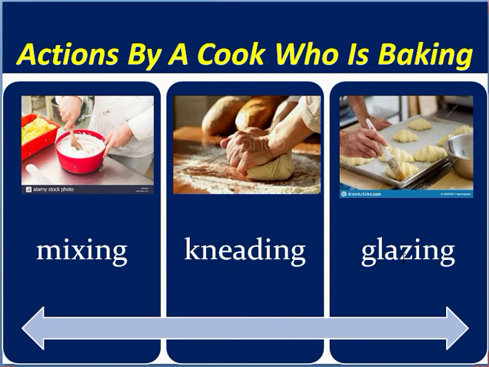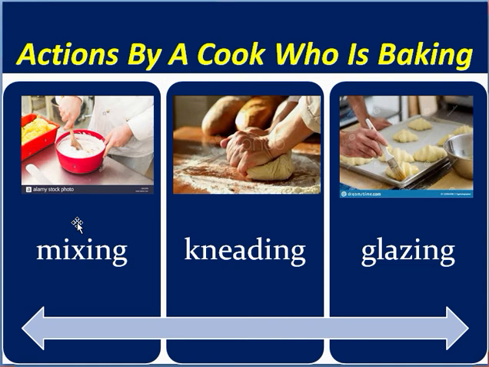A baker or a cook performs different actions in the kitchen while he is baking. He mixes the flour with the soda or baking powder or sugar or many other ingredients which are needed for different baking.